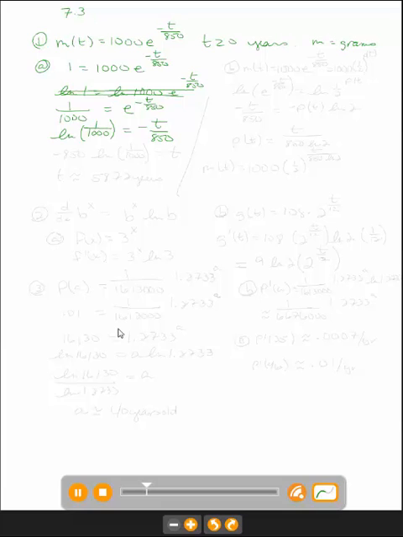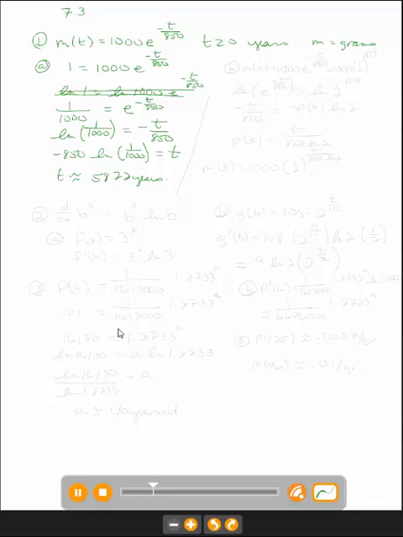And then to calculate this, I would have to multiply by negative 850 on the other side, and that would give me t. So if I do that in the calculator, and they want it to the nearest year, t is approximately 5,872 years.